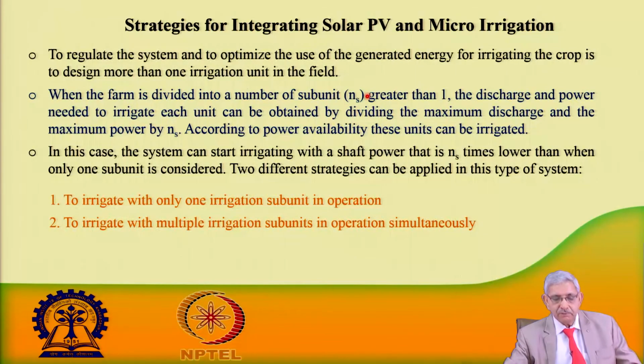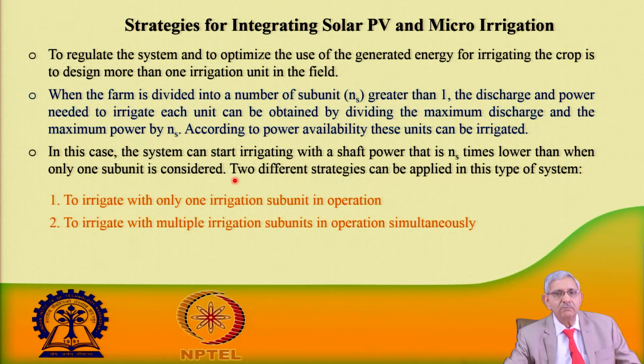Now, the strategy for integrating solar PV and micro irrigation systems, to regulate the system and to optimize use of the generated energy for irrigating the crop, is to design more than one irrigation unit in the field. Means we need to see whether we need to supply water to one unit or more than one unit.